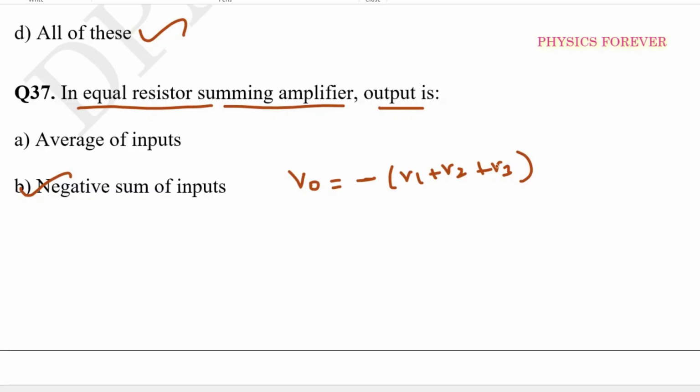The question will be very simple like that, but you have to understand the concept. So question number 37, B is correct. There should be a negative sum of input, so it is not the average. Then V naught is equal to minus summation Vi.